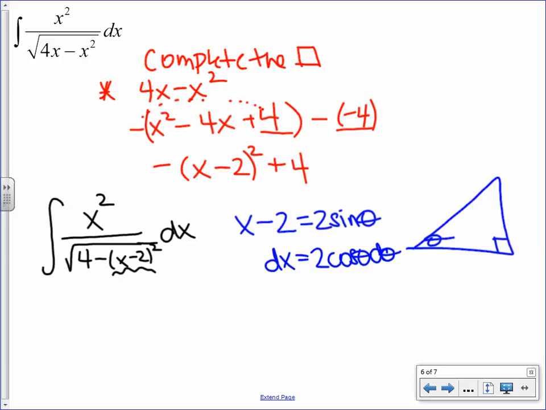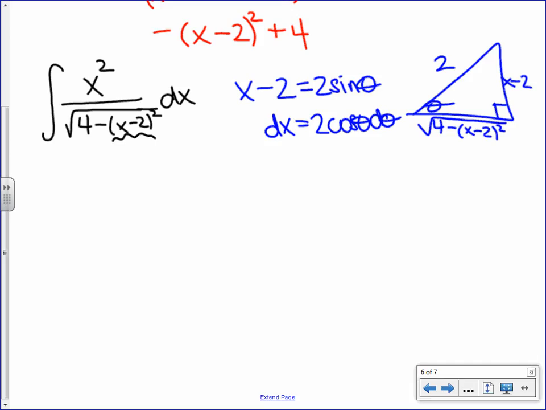So our sine ratio is x minus 2 over 2, and the hypotenuse side is the square root of 4 minus (x minus 2) squared. So far, so good? Now the fun begins.